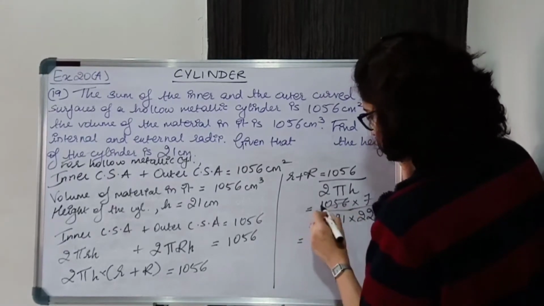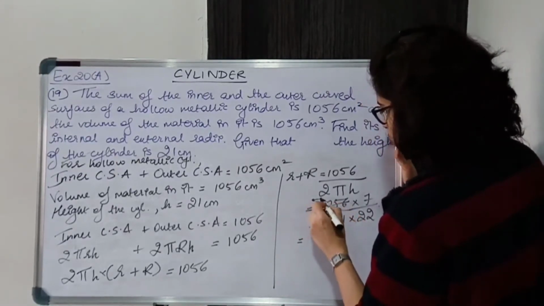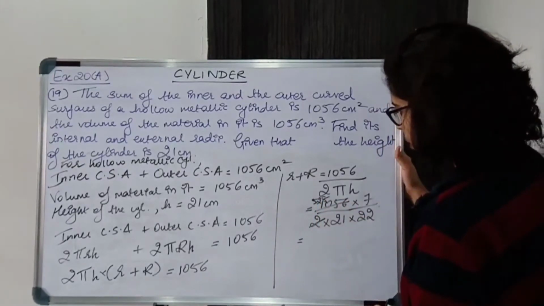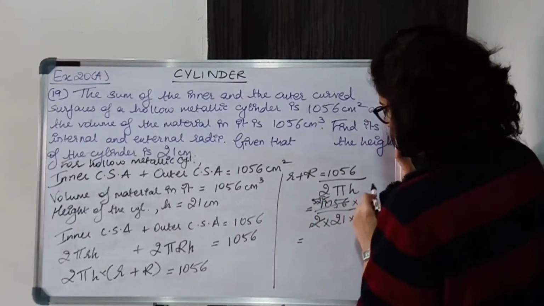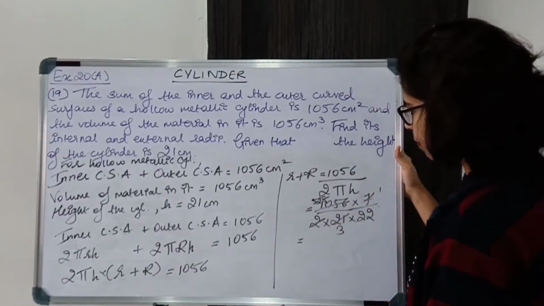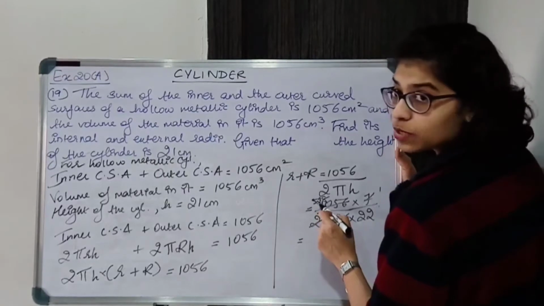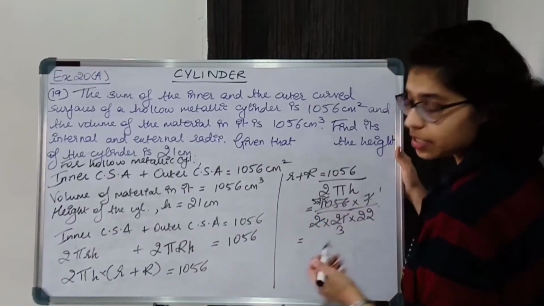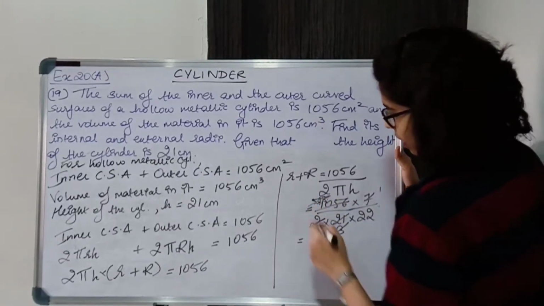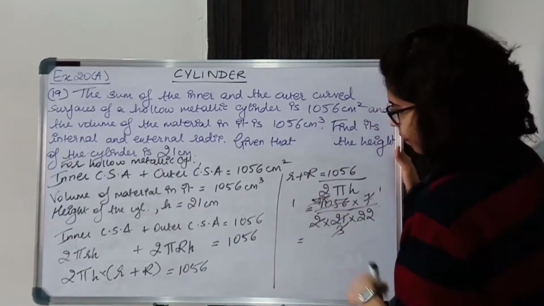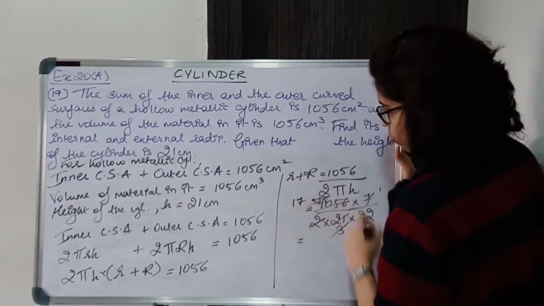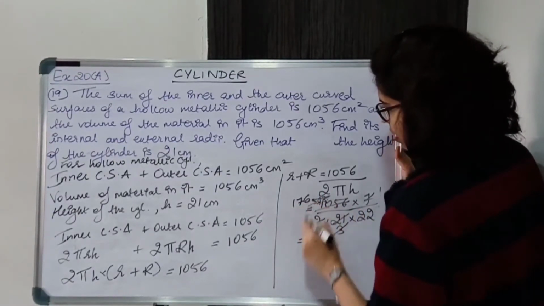Now 2 5s are 10, 2 2s are 8, 2 8s are 16, okay, and 7 1s are 7, 3s are, okay. If you add this, 5 plus 2 is 7, 7 plus 8 is 15, it is divisible by 3, so I can divide it by 3. 528 divided by 3, 3 1s are 3, 2 remains, so it will become 22, 3 7s are 21 and 3 6s are 18.